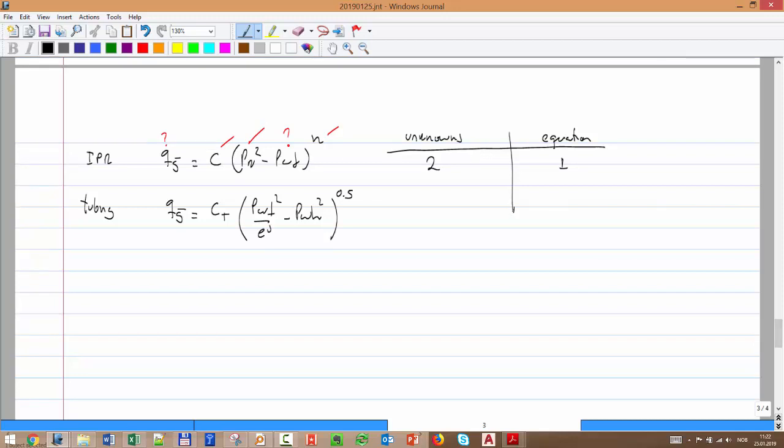Here I have one additional equation, and how many additional unknowns? The rate, I already had it. PWF, I already had it. But my new unknown is PWH. So I have one additional unknown. Now we have two equations and three unknowns.